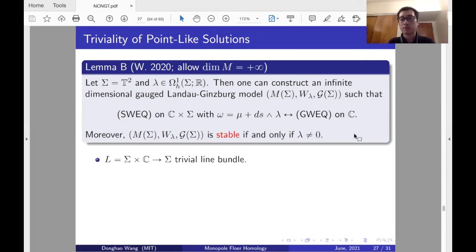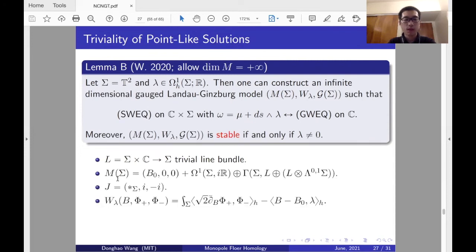Just in case some of the audience might be interested, let me explain the various terms involved in this LG model. We'll start with the trivial line bundle over the surface sigma. And our Kähler manifold M is just an infinite dimensional complex vector space. An element in this Kähler manifold has 3 components.